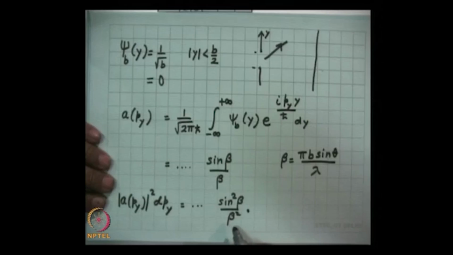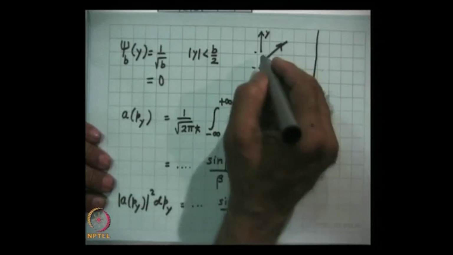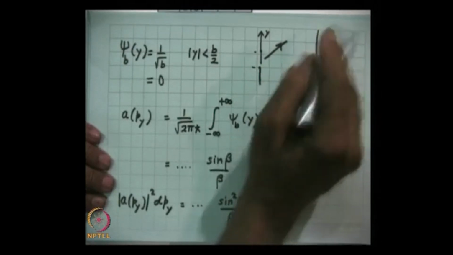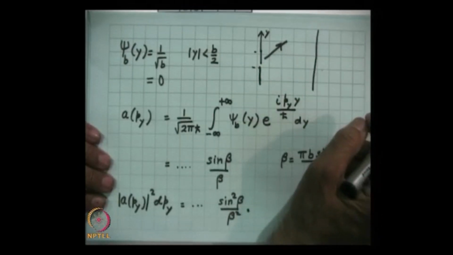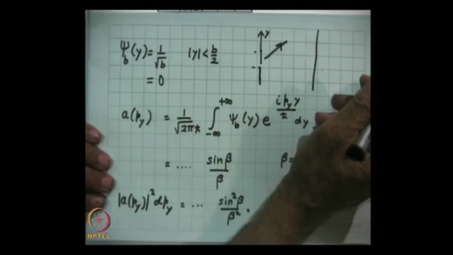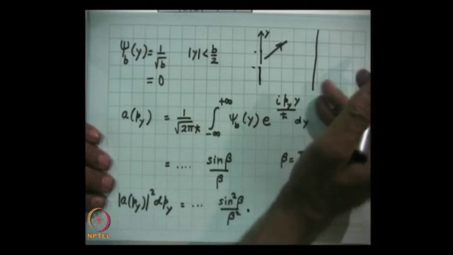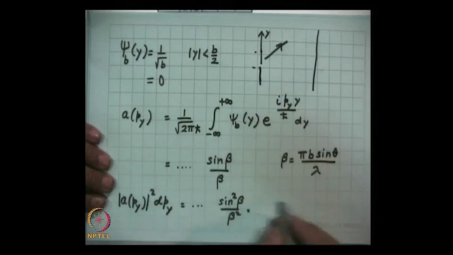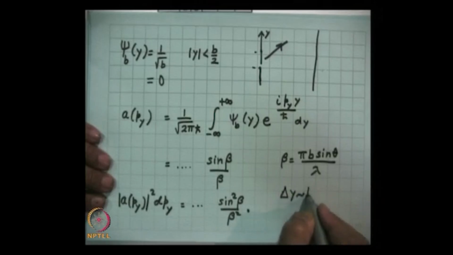And from this equation, it is obvious that the smaller the width, the greater will be the momentum imparted in the y direction, and greater will be the diffraction. So, this is my uncertainty principle, that delta y is of the order of b.